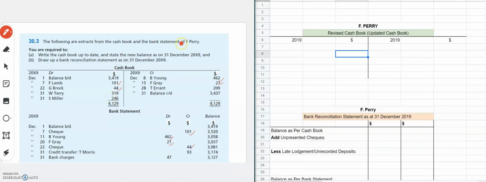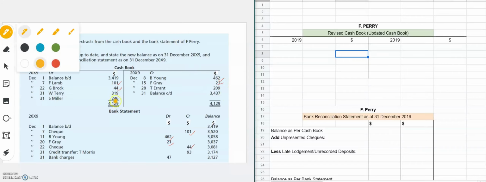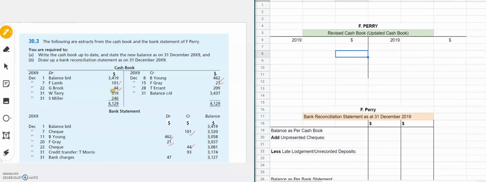So we have now identified the items that are common to both statements, and it has also shone light on the items that are not common to both statements, which are 319, 246, 209 in the bank statement, 47 and 93.